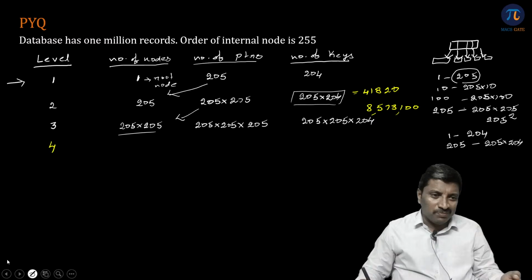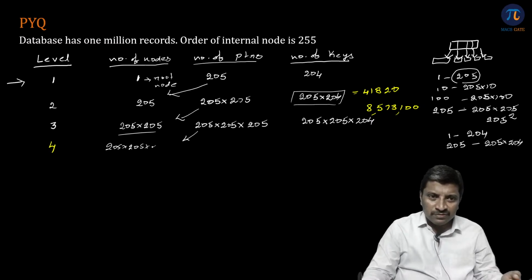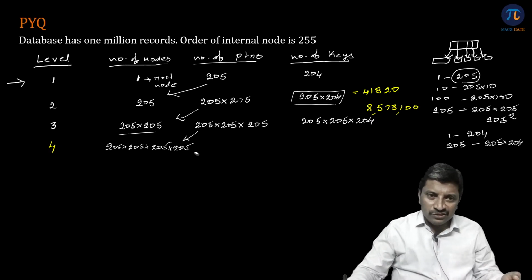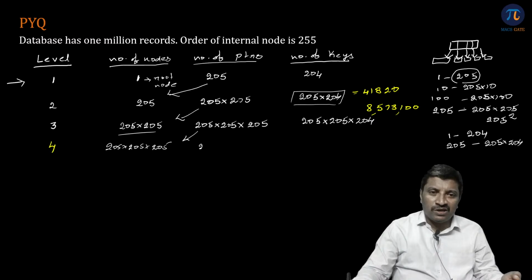Now, can you give the number? This is 205 into 205. Sorry, this is equal to the number of pointers in the previous level. Then how many pointers will you have? 205, 205, 205 is the number of nodes.